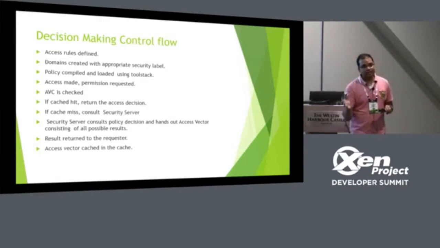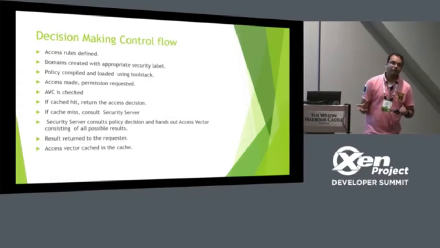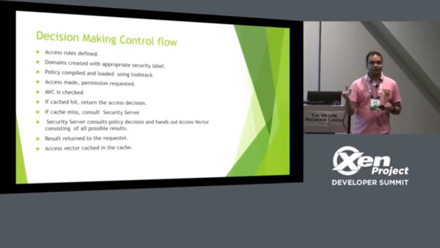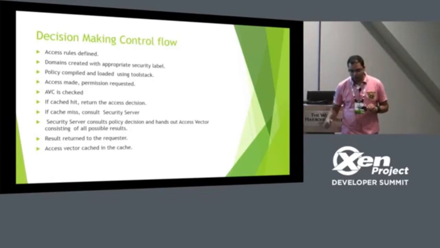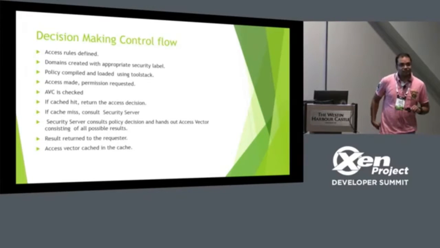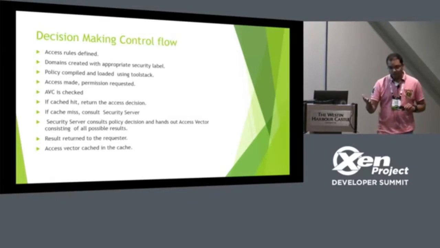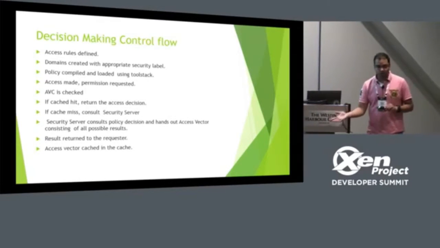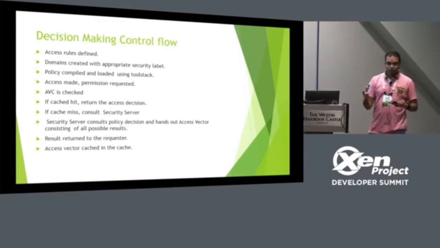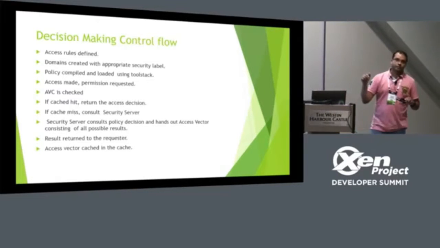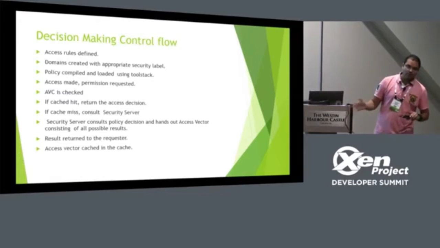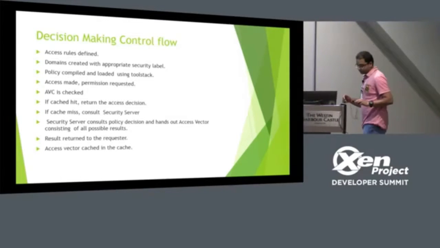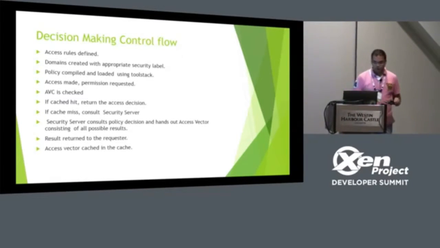Each domain that's created should have an appropriate security label, which is the source context or the target context, based on how the subject or object is being used. So every subject or object, every domain or resource, has to be created with a label. Then only will XSM be able to take a decision. If it has not been labeled, then it will be categorized as unlabeled, and its access will be blocked by default. That's what the policy says.